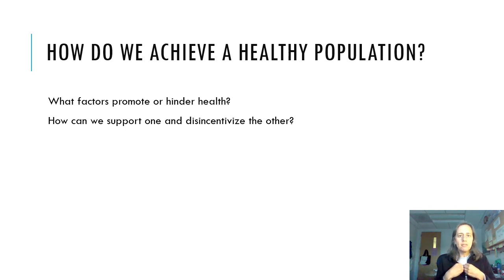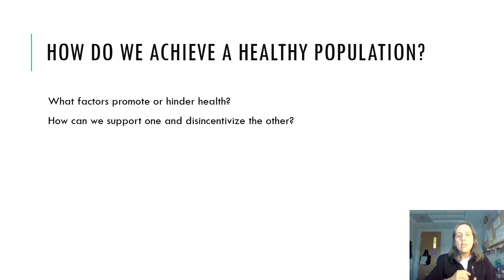It's not about individual medical care of one individual person, right? So what factors in the built environment and in the natural environment promote or hinder health, right? So understanding contributory causes of disease and determinants of health, all of that, right? What are the things that tip the scales one way or the other in terms of is a population likely to be healthy and thriving?